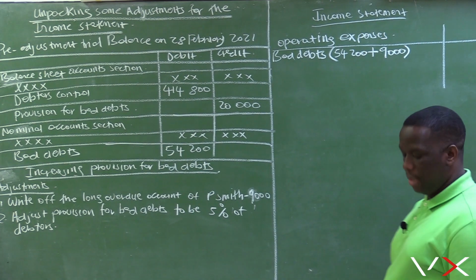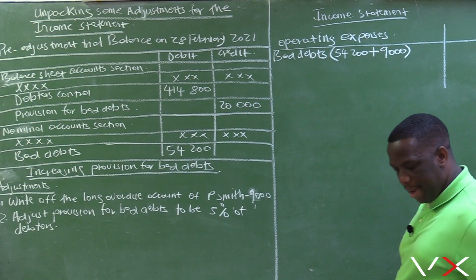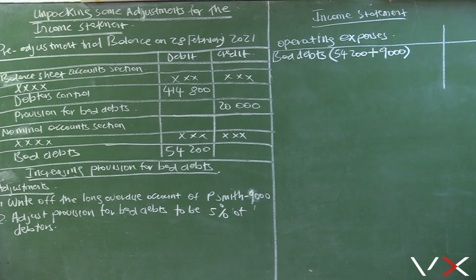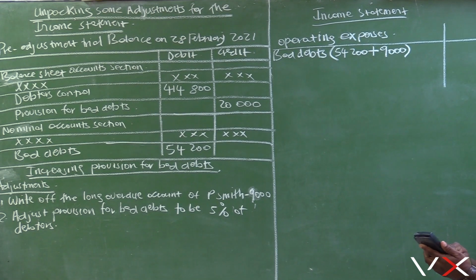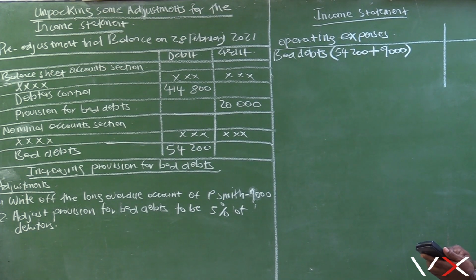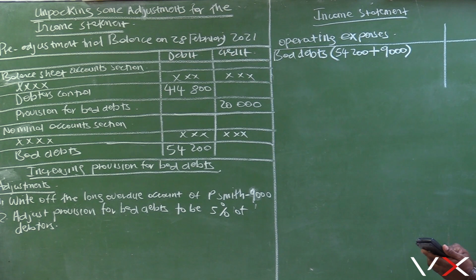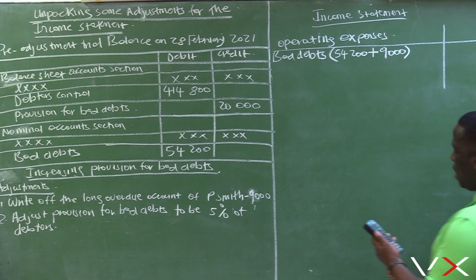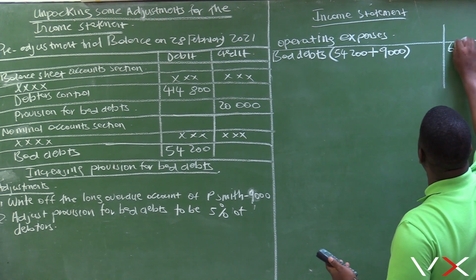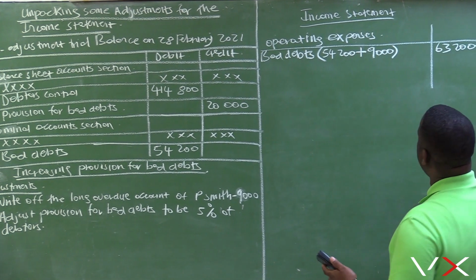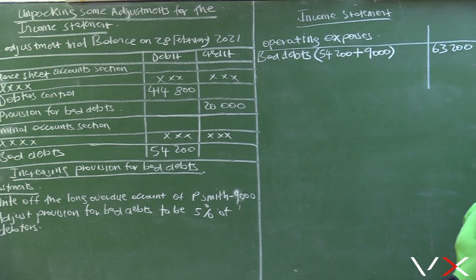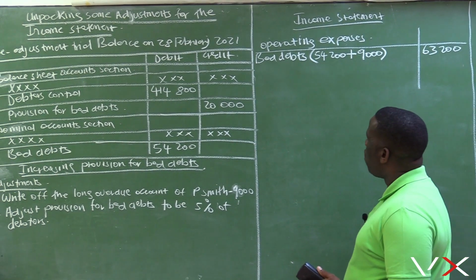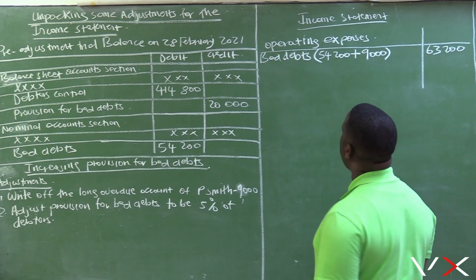So which means that your total bad debts now for the year under operating expenses in your income statement will be 54,200 plus 9,000, and that will equal 63,200. And it is very important for students when they are doing the income statement to make sure that your workings are shown in brackets.